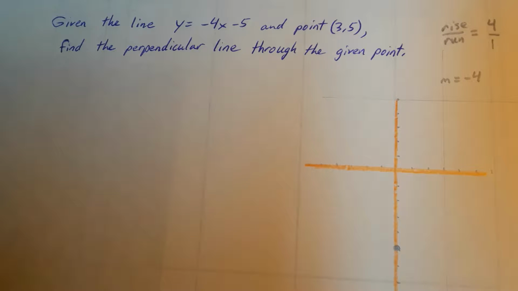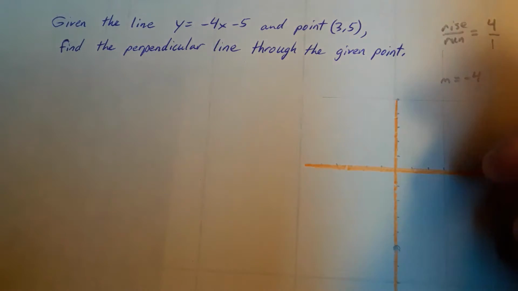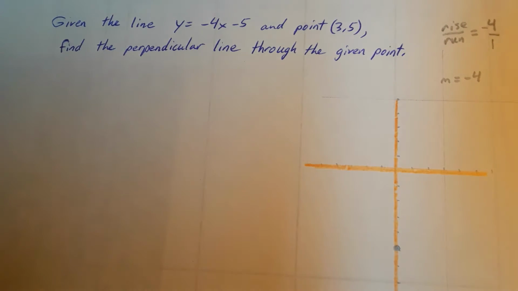If you want to check this in your calculator, you will find that 4 divided by 1 is still 4. We put the negative here. I like to keep it in my numerator for these problems. And so we have -4 over 1, and so we're going to come down 4 and then go over 1, and that is going to give us our next point, and then we draw in our line.